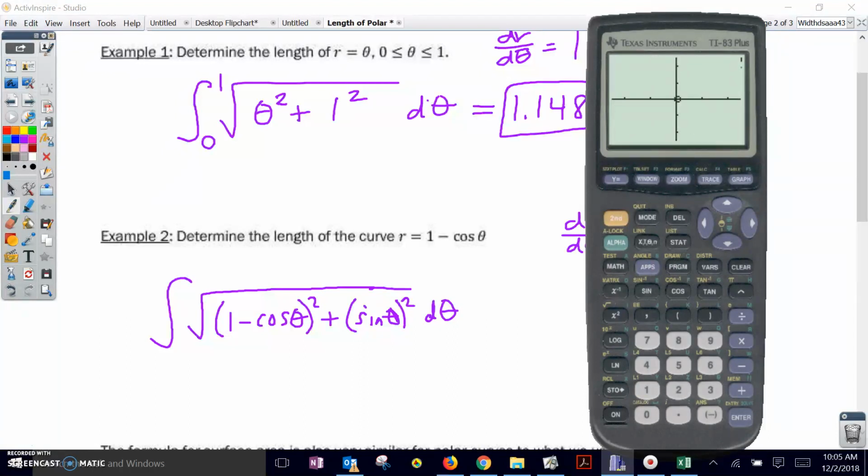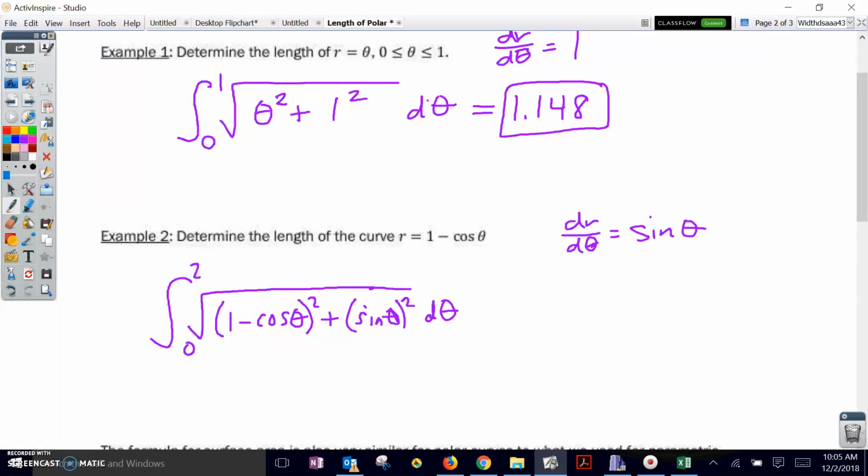Zoom in on this. It starts at 0 and gets to the end of the curve at 2 pi. And so we're going to integrate this from 0 to 2 pi. That gets the entire curve.